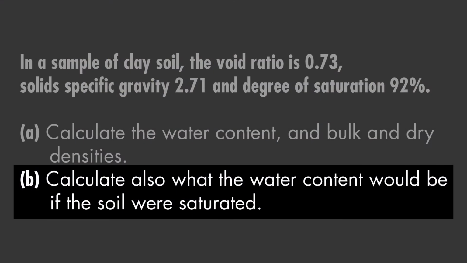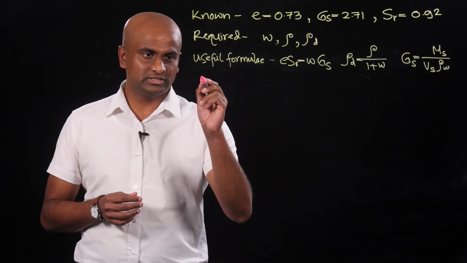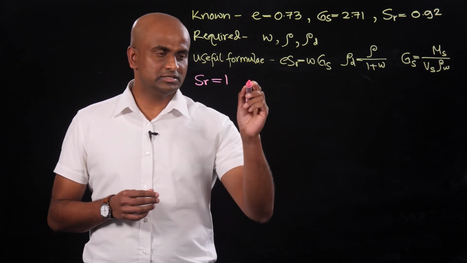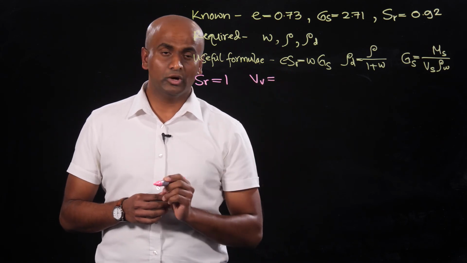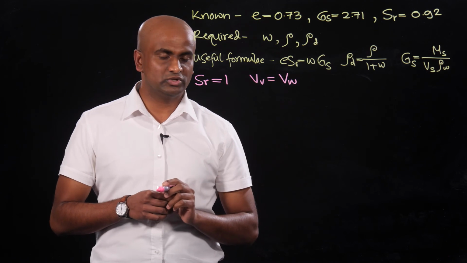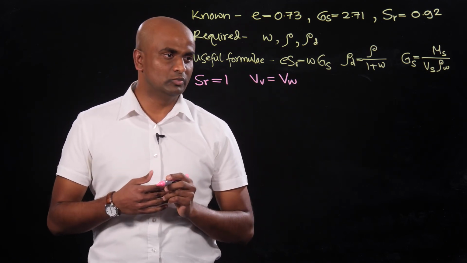Part B of the question asks you to calculate the water content if the soil is saturated. If the soil is saturated, first thing you need to know is degree of saturation, SR is equal to 1. And the second thing is total volume of voids is now occupied by the volume of water. So the total volume of voids is equal to volume of water.